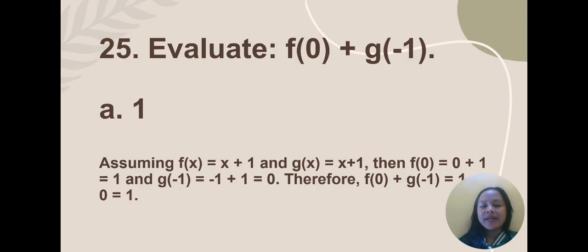Because assuming f of x equals x plus 1 and g of x equals x plus 1, then f of 0 equals 0 plus 1 equals 1, and g of -1 equals -1 plus 1 equals 0. Therefore, f of 0 plus g of -1 equals 1 plus 0 equals 1.